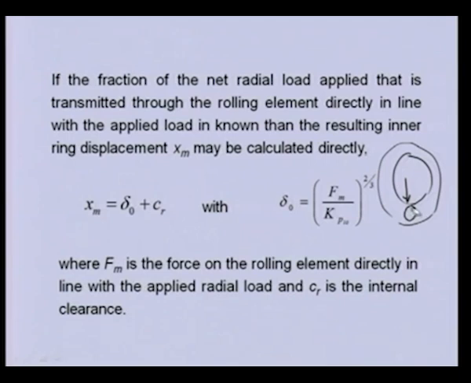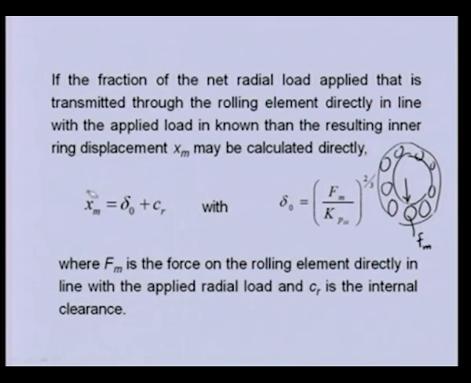So if we can find out what is the load shared by this particular rolling element, because this load changes with the angular position of the ball. So let us say the load shared by this particular rolling element is Fm. If we can obtain this, then it is easy to obtain the load distribution and also the stiffness of the bearing.